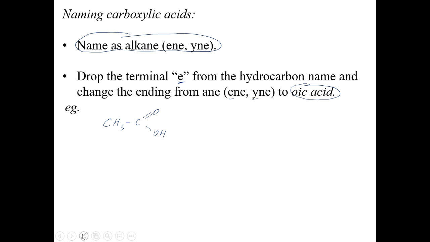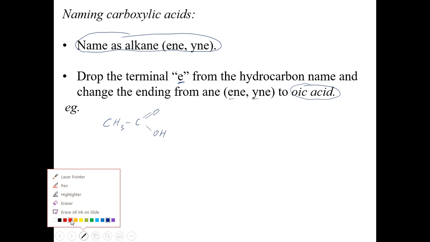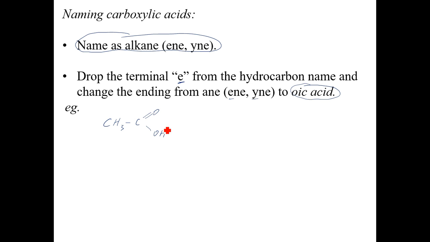Take a look at the parent chain that we do have, or if you want to identify the functional group first, it works either way. So this is our longest parent chain. We only have 2 of them. So once again, this is going to be an eth. There's no double or triple bond, so this is an ethane. But then we have this functional group. Again, this is our carbon number 1, not this one.